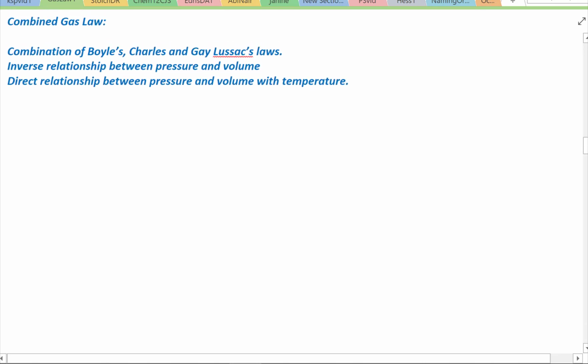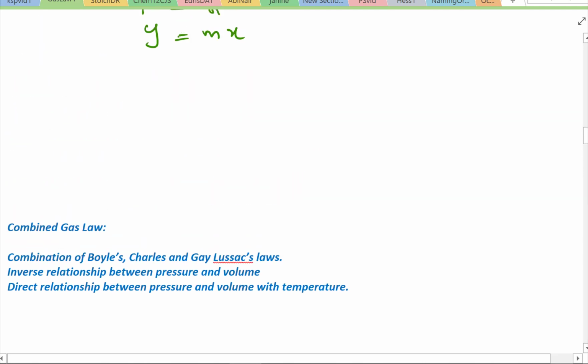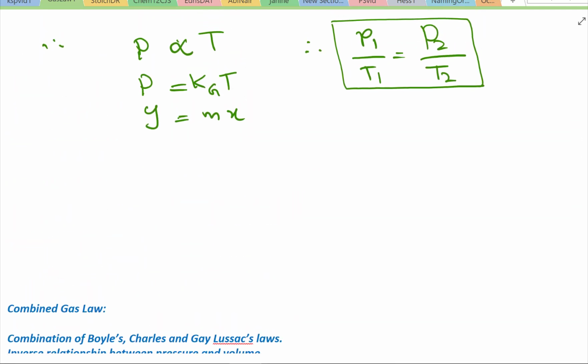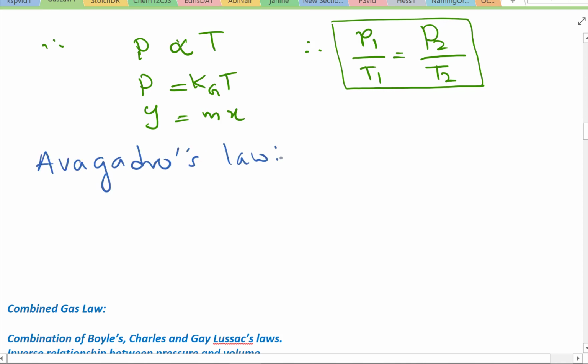So not very common. Let's look at another one, which we call the combined gas law, where you take all three into one. But let's put in another thing first: Avogadro's law. This one is basically the number of gas moles.